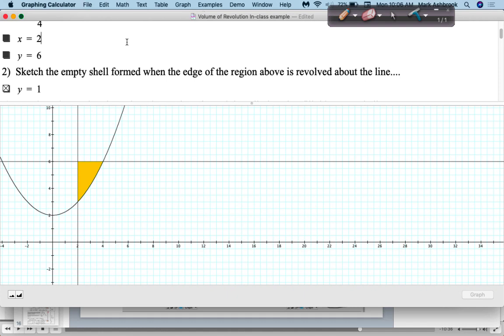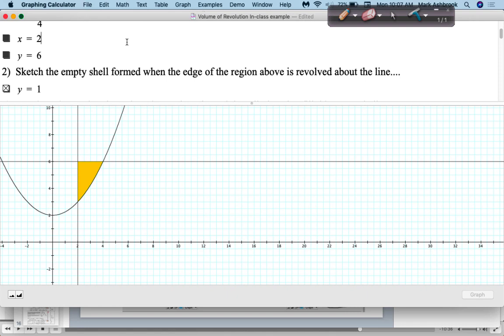Make sure you get y equals 1 right. What is y equals 1?